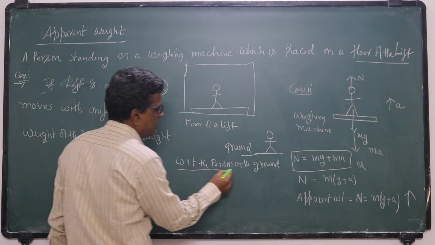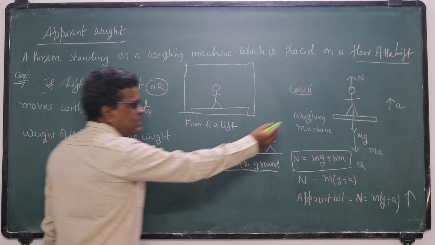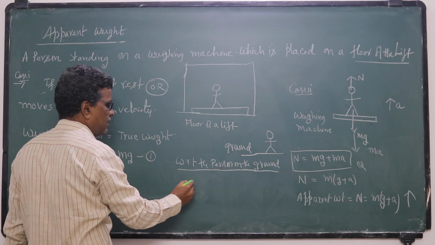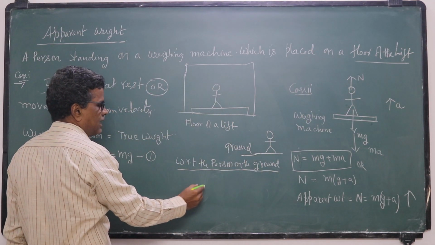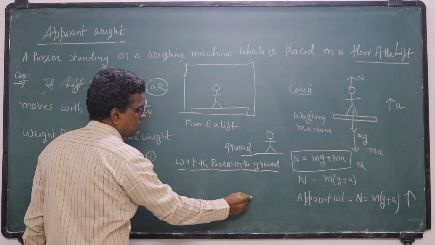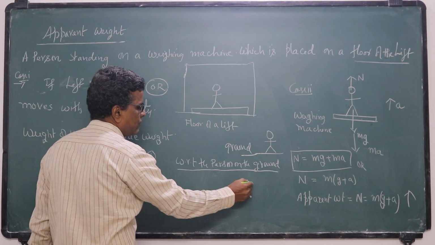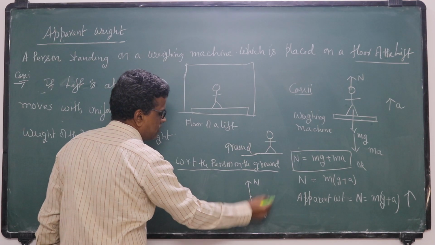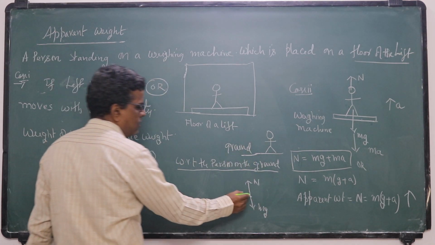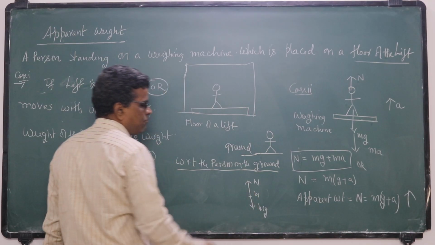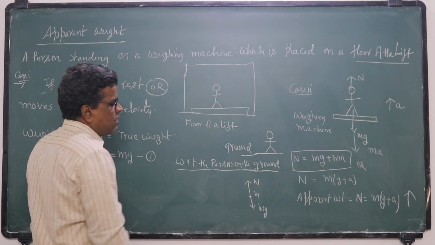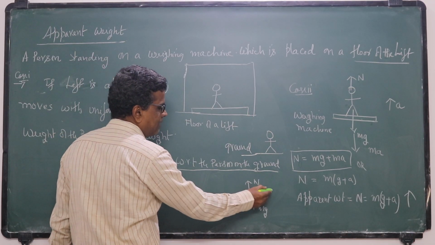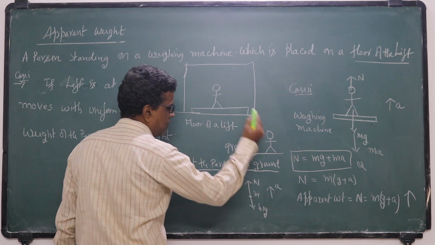With respect to the person on the ground, he is accelerating up with an acceleration a. So I am applying Newton's second law. I have drawn the FBD, N and mg. These are the forces acting on the person. I assumed the person as a point mass, and it is accelerating up with an acceleration a.